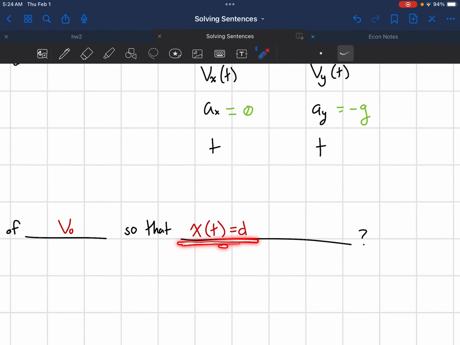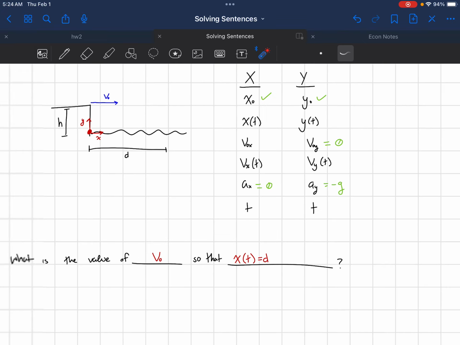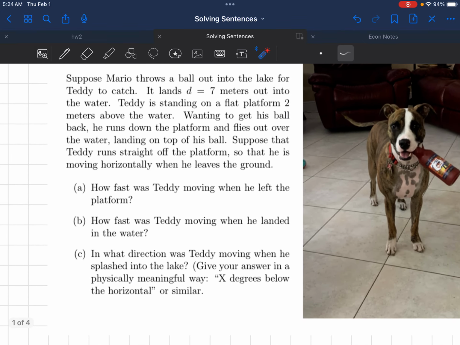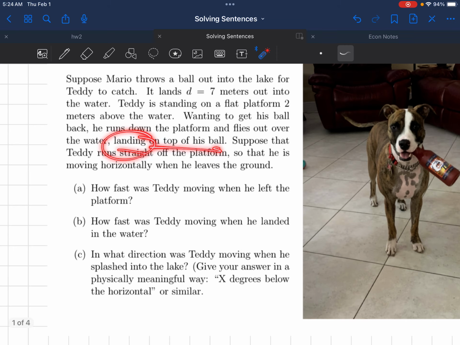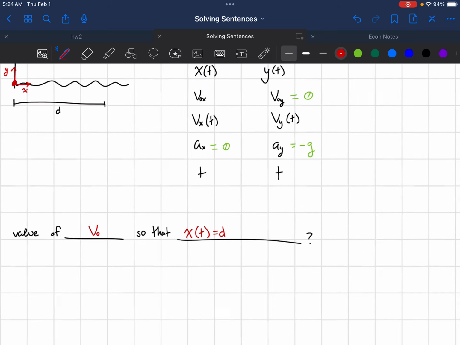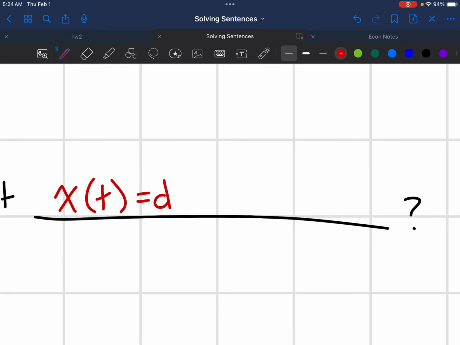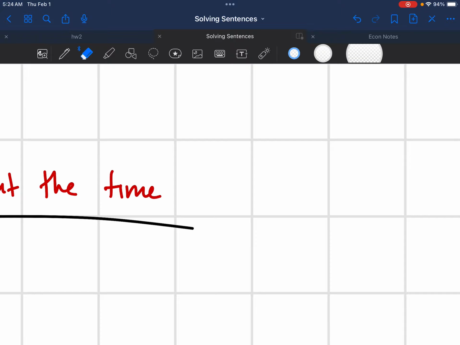This is how I communicate with algebraic variables that he's on top of the ball. But that has to happen at the same time that he is landing.